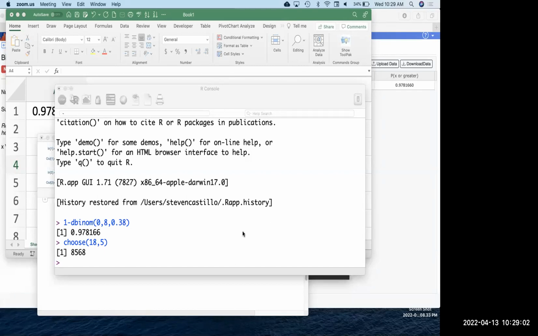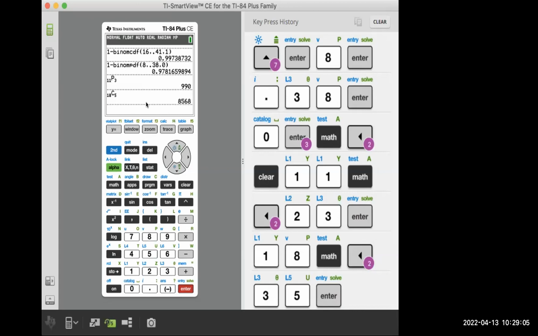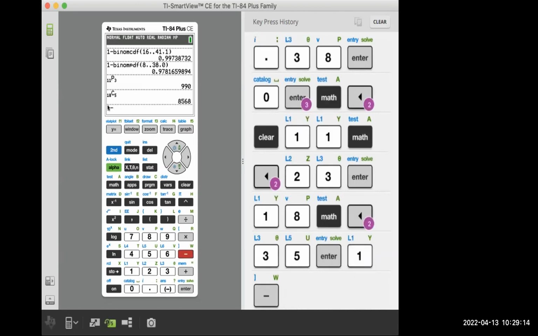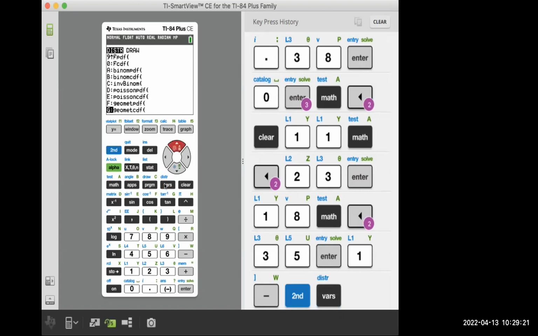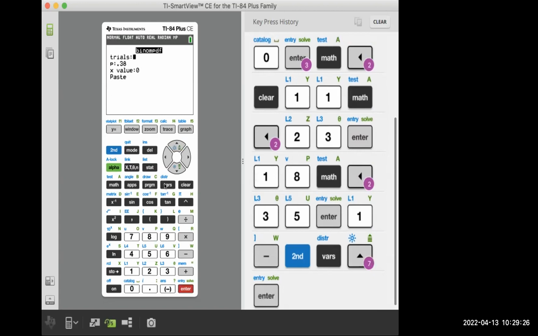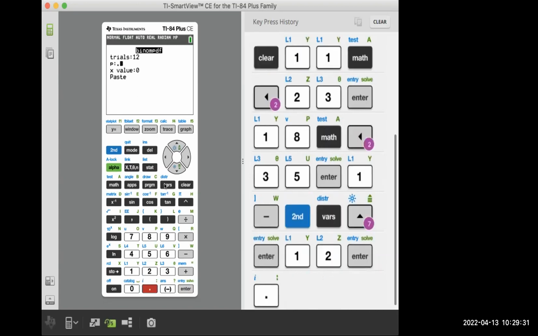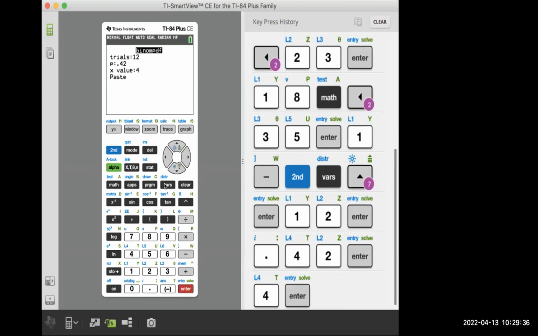Let me input 1 minus binompdf. So second, distributions, the binomial PDF. I have 12 trials, I have a 0.42 probability of success, and I do not want X equal to 4.